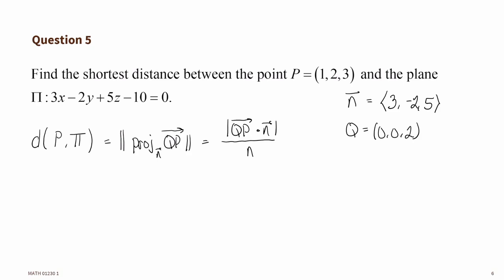If X is 0 and Y is 0, then you get 5 times 2 minus 10, which is 0. So that is on the plane. It's probably the easiest point to pick. It's not the only point you could use. In theory, there's an infinite number of points you could use.